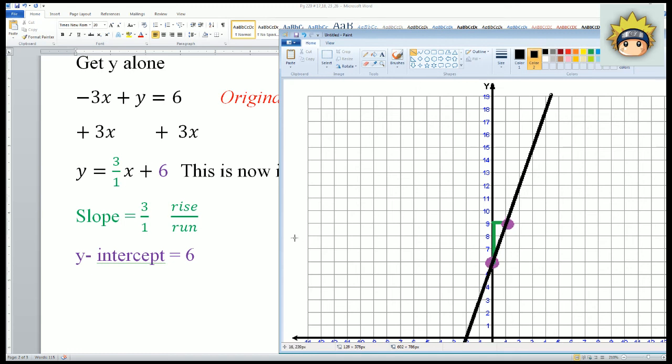There you go. Okay, that is how that would look. My y-intercept, go up 3, across 1.